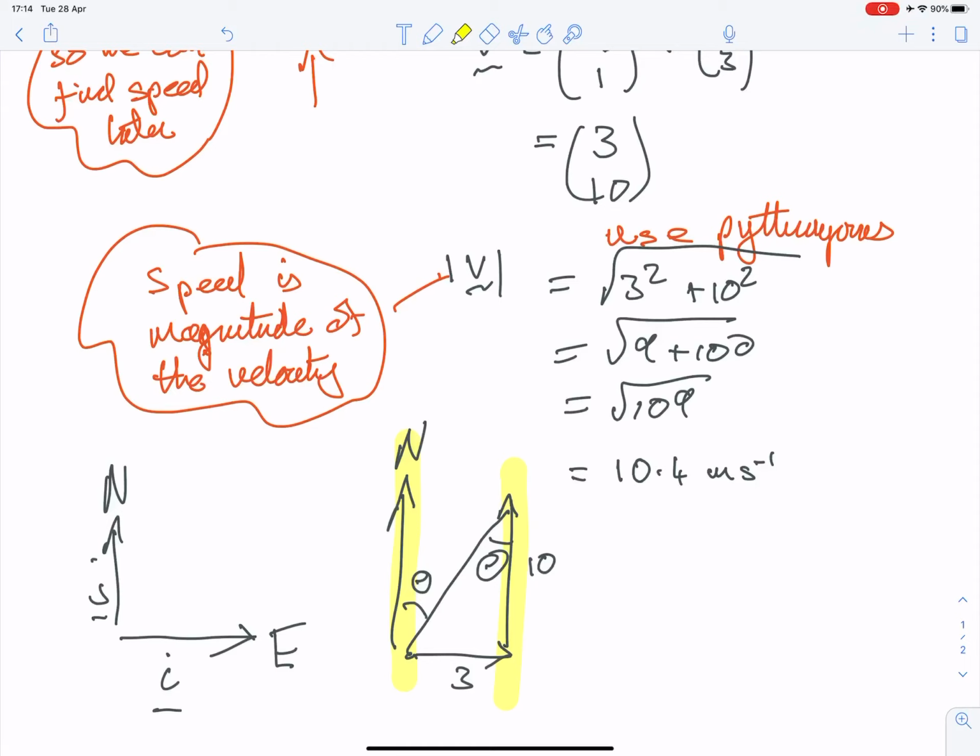So they're parallel. So we know that we can now find theta, because we've got the opposite and the adjacent to a right angle triangle. So tan theta is equal to the opposite, which is 3, over the adjacent, which is 10.